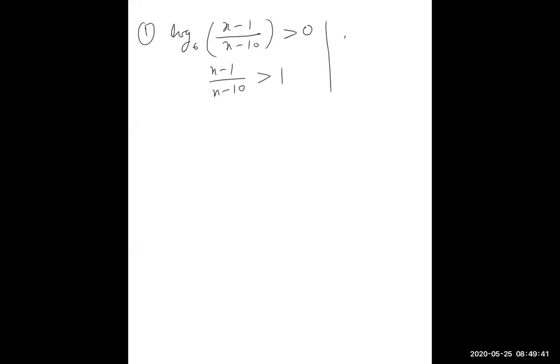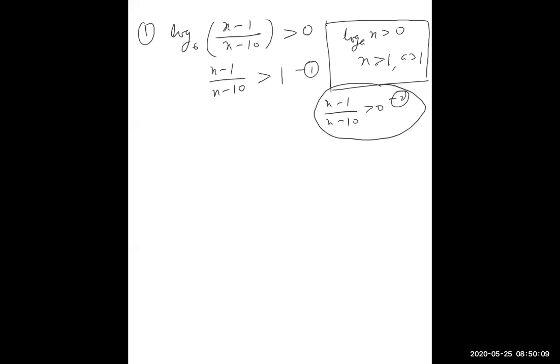Because that concept was log a x is greater than 0, x is greater than 1 if a is more than 1. This concept. And definitely, if it is more than 1, the second concept, that x minus 1 upon x minus 10 must be positive also, because log will be defined when it is positive. So the second condition I need not check because it is already more than 1. Now for solving this type of inequality, I have explained to you the sign scheme, the wavy curve method.